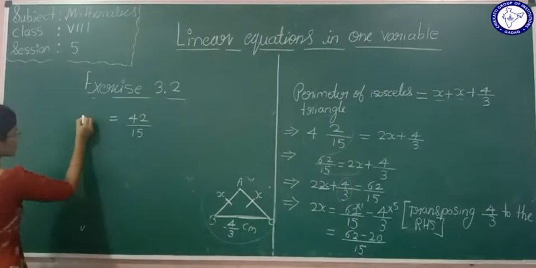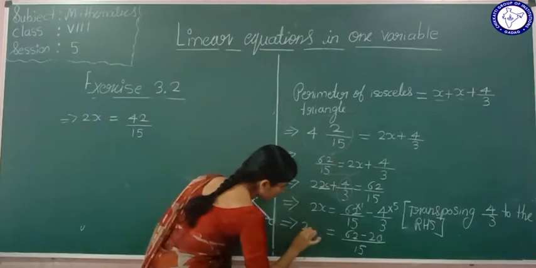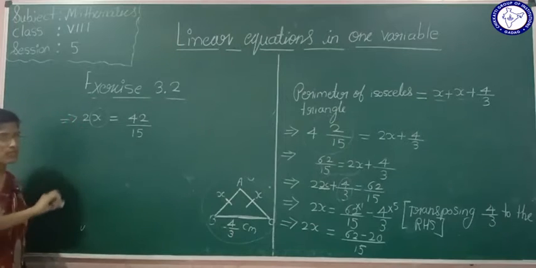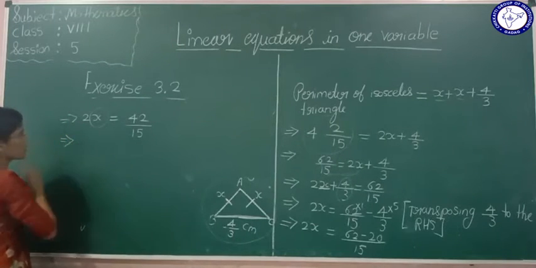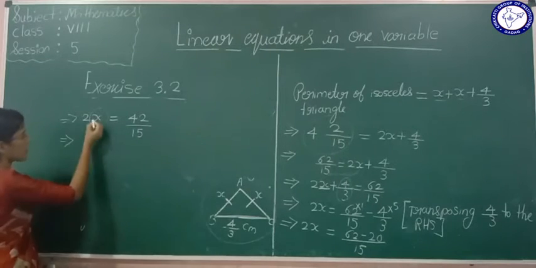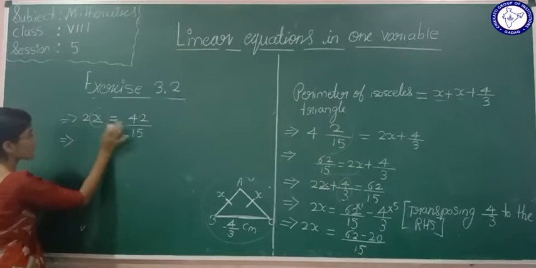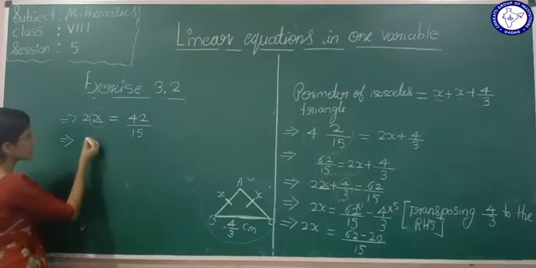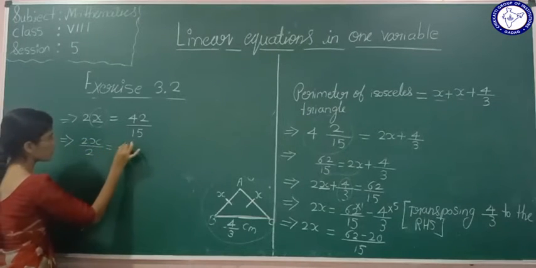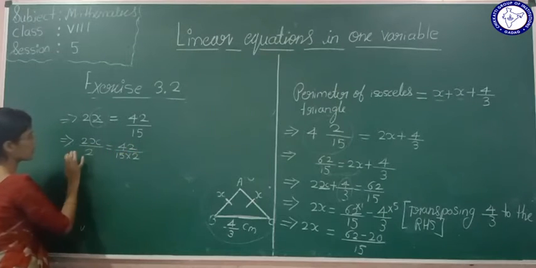Now see here students, we want the value of x here. For that, what we have to do? Dividing both sides by 2. What it will become? 2x by 2 is equal to 42 by 15 multiplied by 1 by 2.